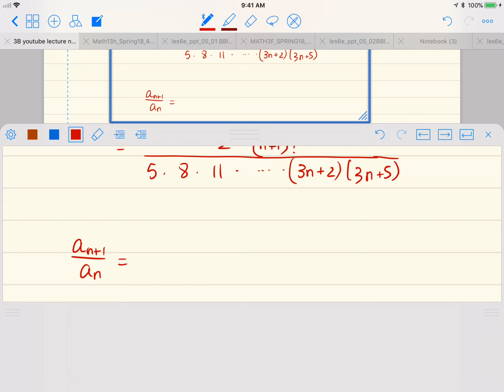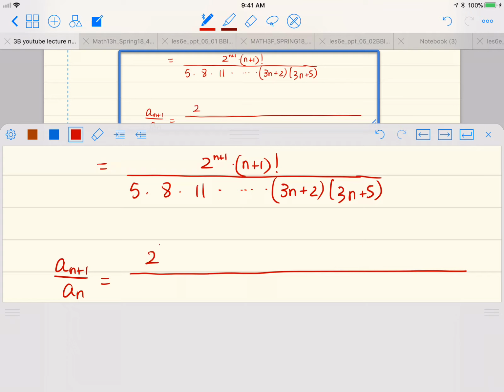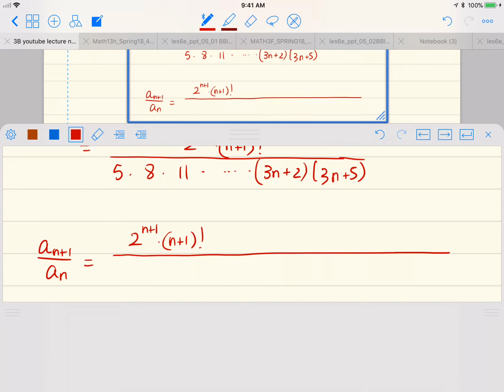So now, when I go to write my ratio, a sub n plus 1 over a sub n, I'm going to combine, right? In one step, I'll have 2 to the n plus 1 times n plus 1 factorial in the numerator. And in the denominator, I'll have 5 times 8 times 11 times ... times 3n plus 2 times 3n plus 5.